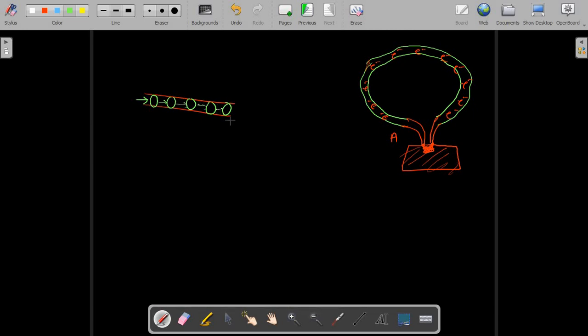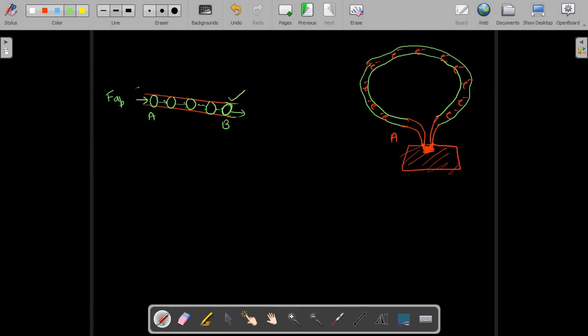Since the distance between each other is very small, they will push each other, and the last ball will feel the same force that you have applied here, F applied. If the first ball is A, the last ball B will feel the same force at this point.